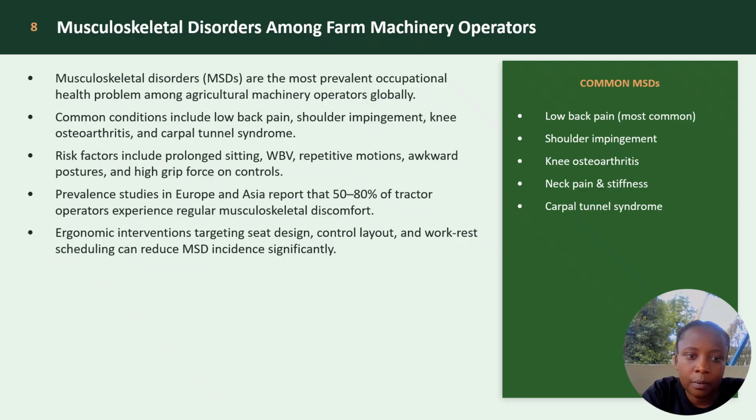The last one, ergonomic intervention targeting design, control layout, and work-rest scheduling can reduce musculoskeletal disorder incidence significantly. Common musculoskeletal disorders are low back pain, shoulder impairment, knee osteoarthritis, neck pain, stiffness, and carpal tunnel syndrome.